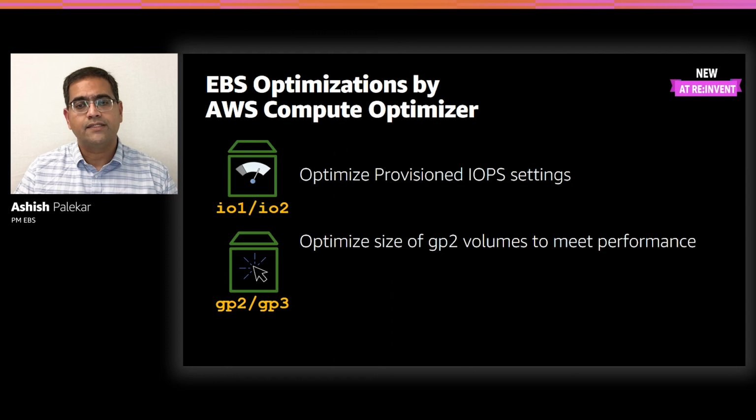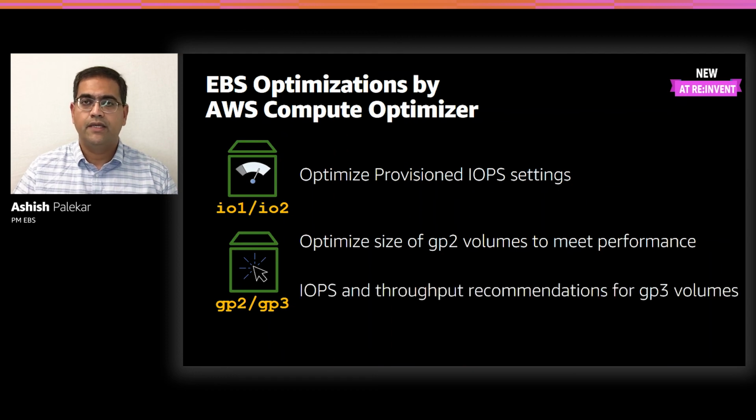Then we optimize the size of your GP2 volumes in case you need more performance. And then on GP3 volumes, we make IOPS and throughput recommendations based on what you use. And so that comes prepackaged, and using AWS Compute Optimizer will allow you to save those costs even further.